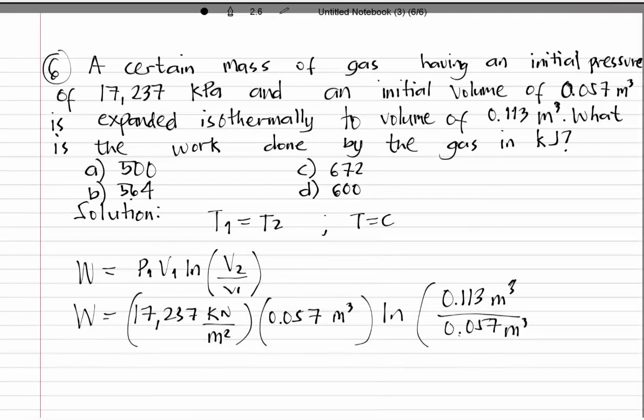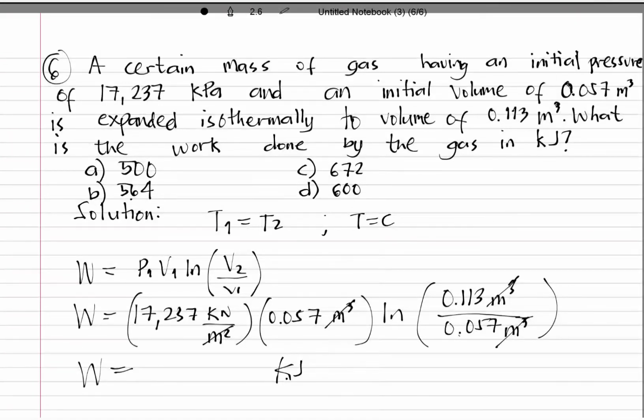Siyempre, ratio yan, so tanggal na yan, parehas. So, matitira sa'yo ay naka kilojoules. Bakit naka kilojoules? Kasi, cancel yung 2 meters, so yung matitira kang isa dito. Kilonewton times meters is kilojoules. So, magiging final answer mo is naka kilojoules ka.